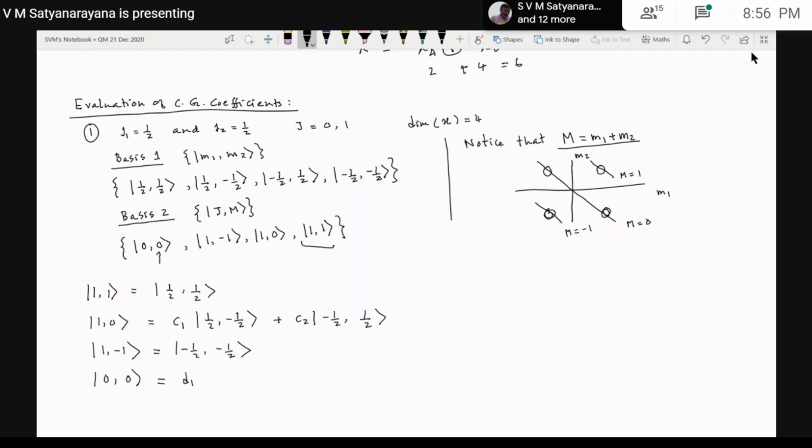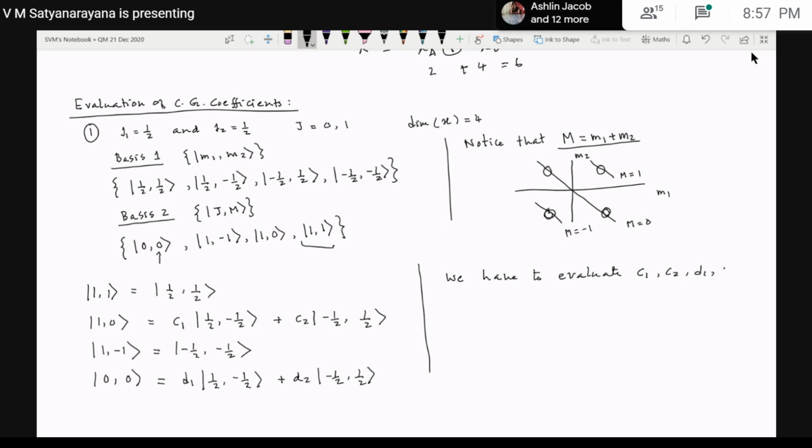Let me call that D1 times half, minus half, plus D2 times minus half, half. So in this problem we have to evaluate C1, C2, D1, D2. If we evaluate those, then the problem is complete.